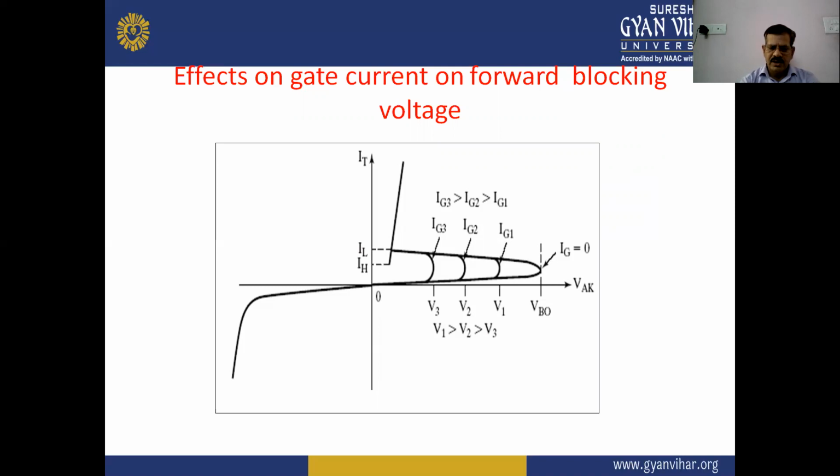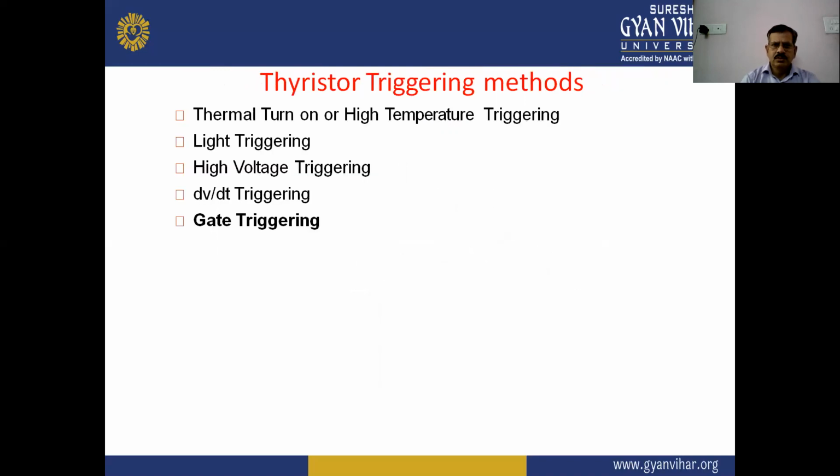There are different gate currents IG1, IG2 and IG3 at different voltage levels. At voltage V3 the gate current is IG3, at voltage V2 it is IG2, and at voltage V1 it is IG1. So there are different gate currents with respect to different voltage values.